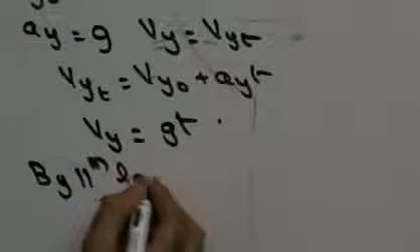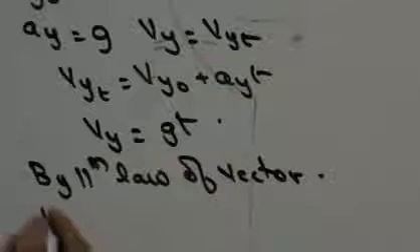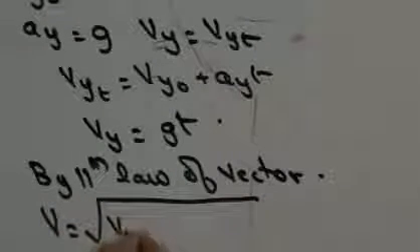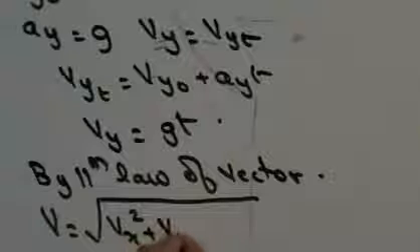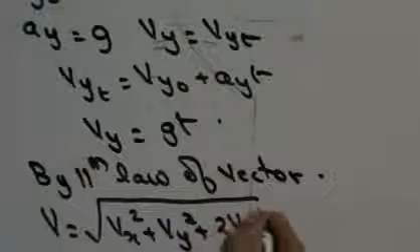Right? Now, if I use the parallelogram law of vectors, I get velocity as the square root of Vx square plus Vy square plus twice Vx Vy cos theta.